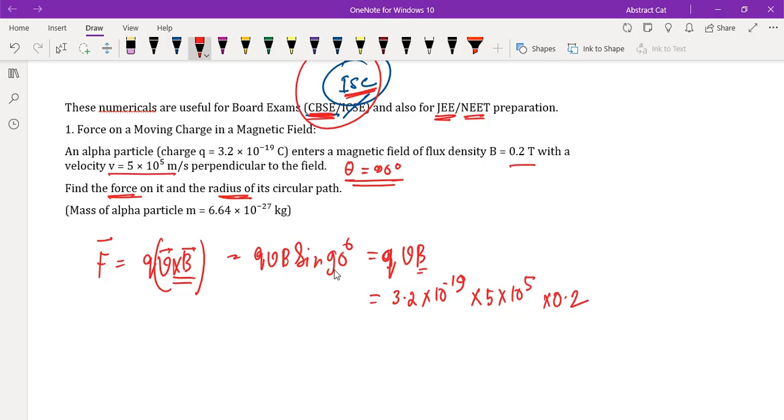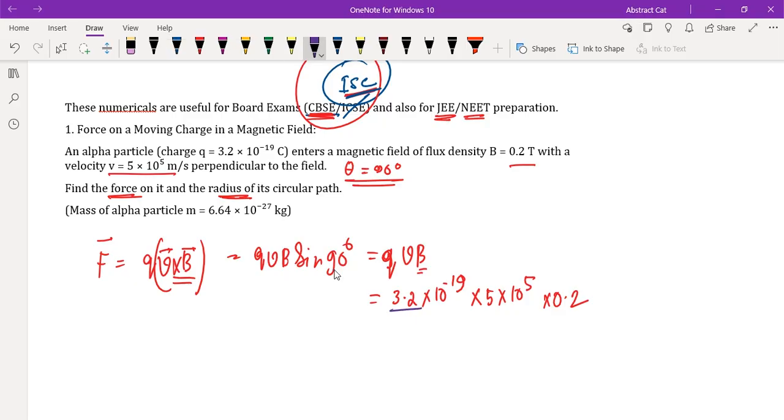In the exam the calculations are not difficult, with no decimal places, just basic integer calculations. Try to calculate on your own, but ISC students can calculate with the help of a calculator.